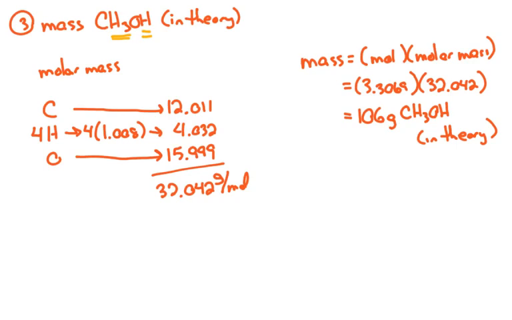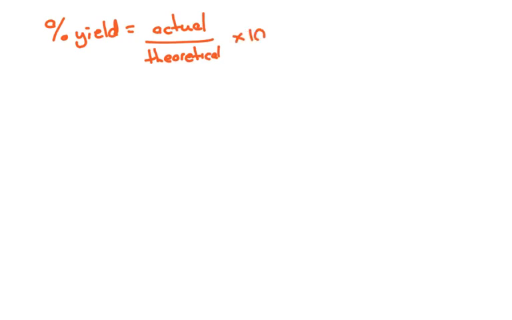So up until now, this has just been a standard stoichiometry question. Now is the point where we need to add in the 102.0 grams of methanol that we actually made, and this is where we can calculate the percentage yield. So the percent yield is, I'm just going to abbreviate the formula, the actual divided by the theoretical times 100%. So we actually made 102.0 grams.